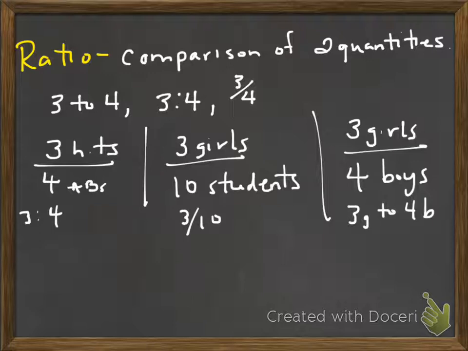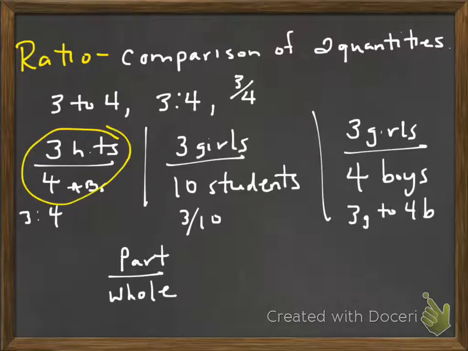Another way you can look at ratios, depending on how you're comparing the quantities, is as part to whole. A lot of times this is an easy way to set up a ratio: part over whole. In this case up here, we're talking about 3 hits, part of the at-bats, but the whole is 4 at-bats.